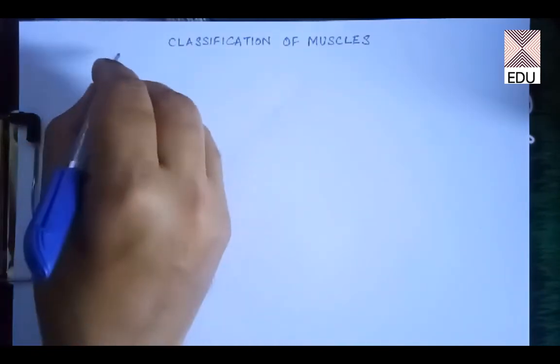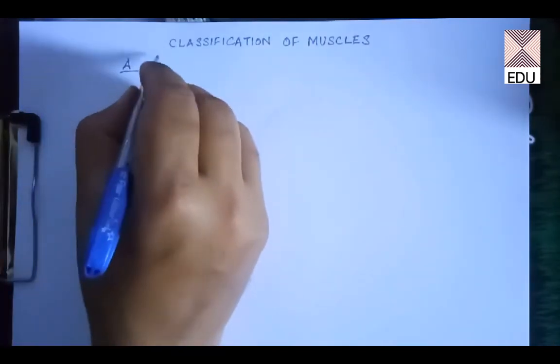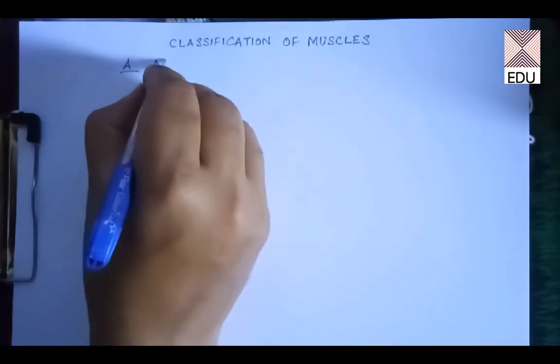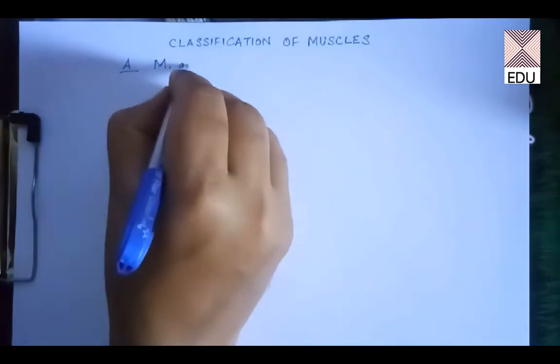Muscle classification is done on different bases. We are taking up the very first basis of muscle classification, and that will be on the microscopic appearance.